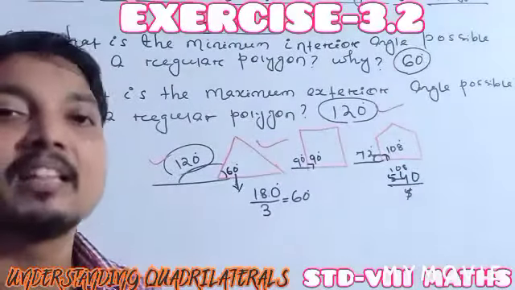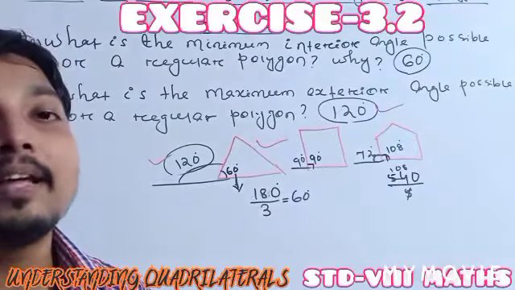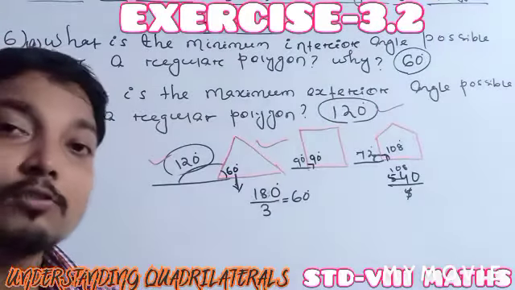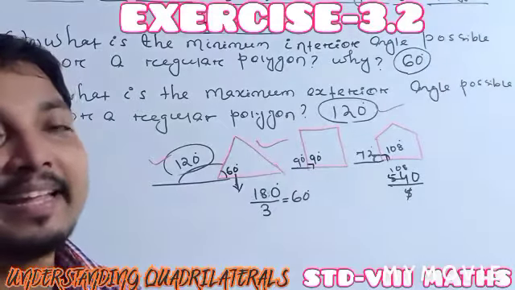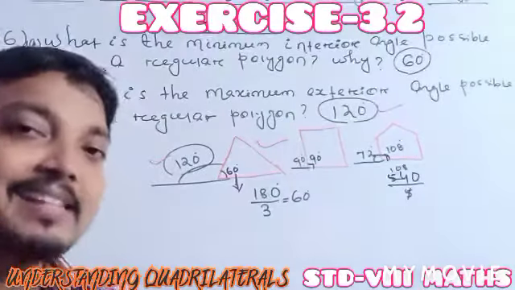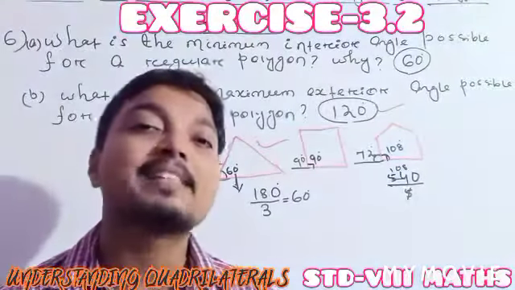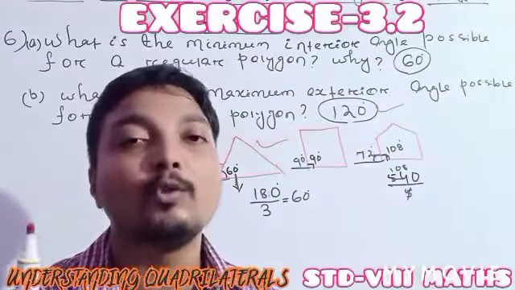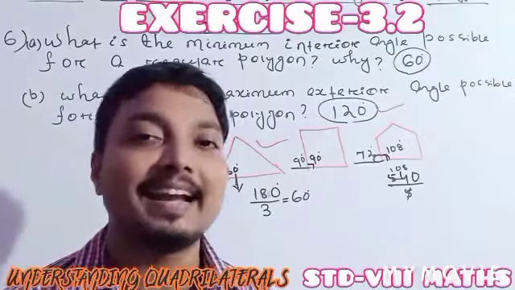It may come in the exam: which regular figure has the minimum interior angle or the maximum exterior angle? Always that figure, that polygon, is our equilateral triangle.